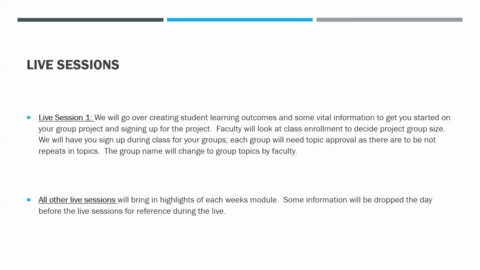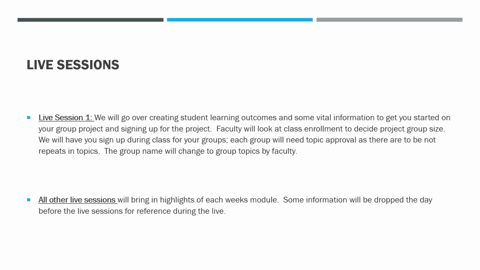Student learning outcomes, we've sort of already gone over, and so really we're going to go over just pretty much any questions that you have, and then we're going to go over some of the content for that module for that week, right? We will look at the class size in order to decide what your project group size will be.